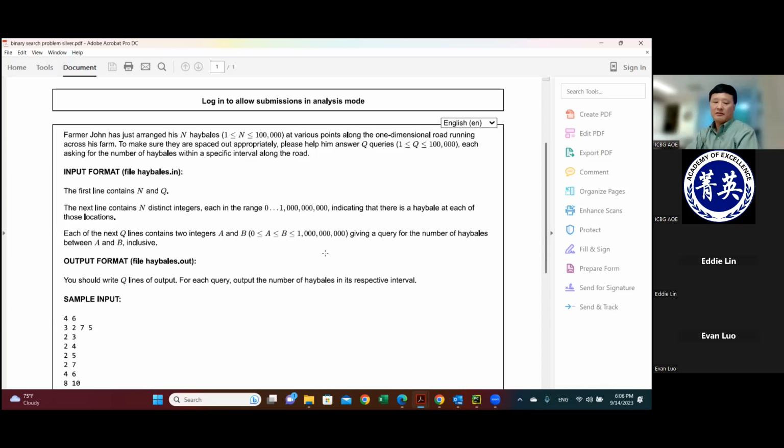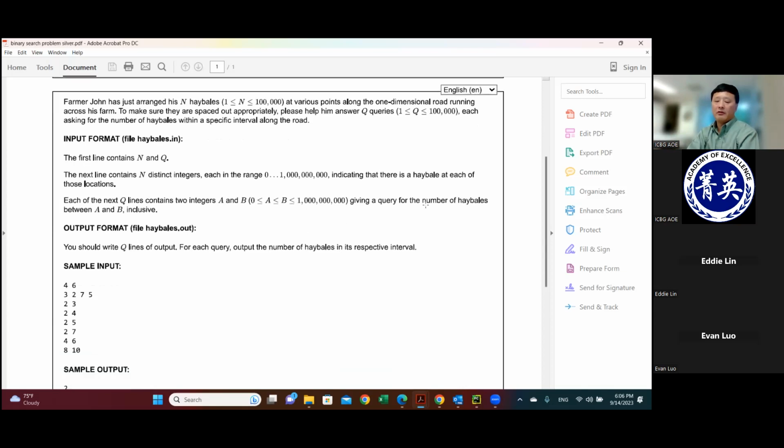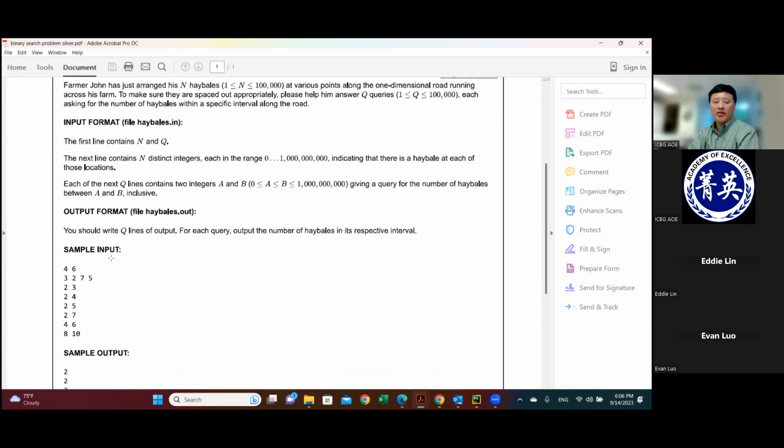You need to tell John, for each query, how many hay bales are between. So read that and think, how can we solve this problem? Is it too hard, or very easy, straightforward?